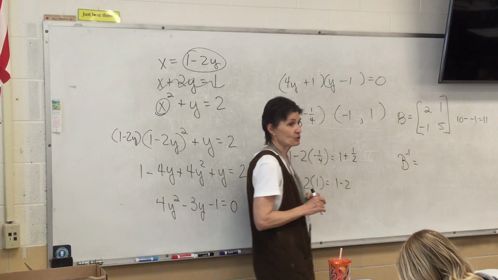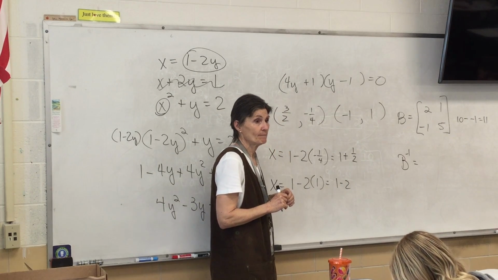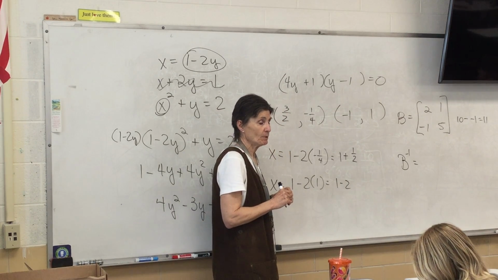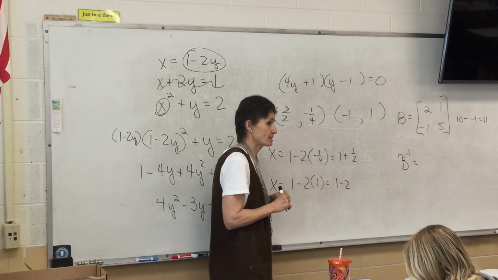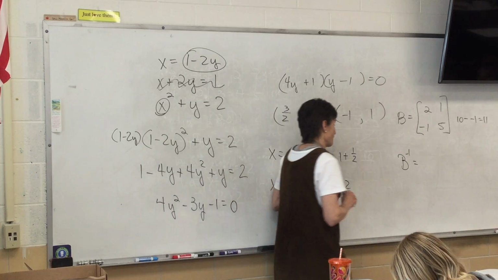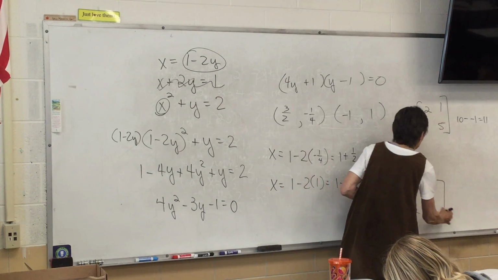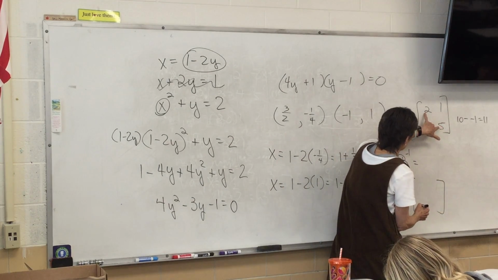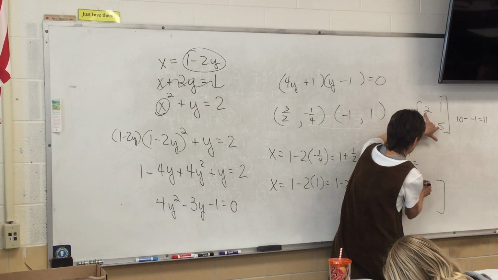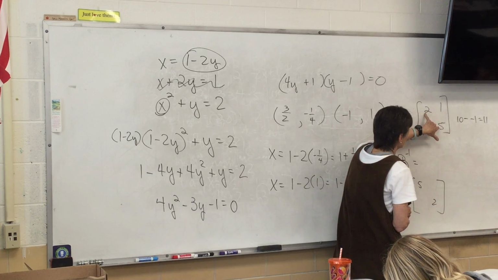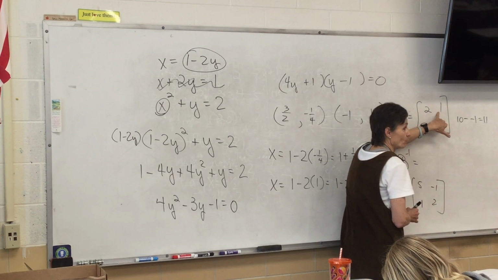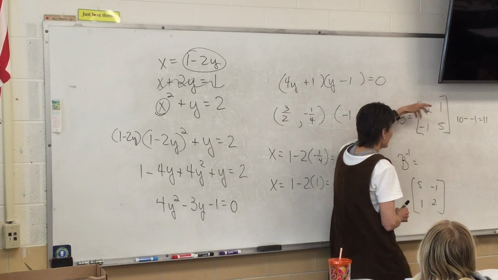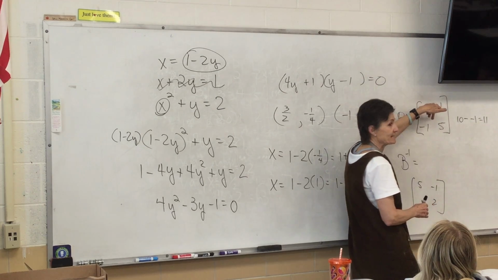And now I have to build a new matrix. You switch the 2 and 5 and switch the signs for the 1 and negative 1, exactly. So 5 here and 2 here, and then positive 1 and negative 1. Now, with these numbers, it kind of looks like I switched these, I didn't.